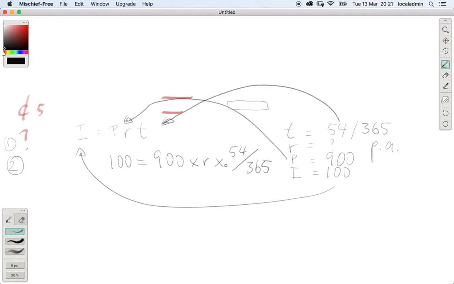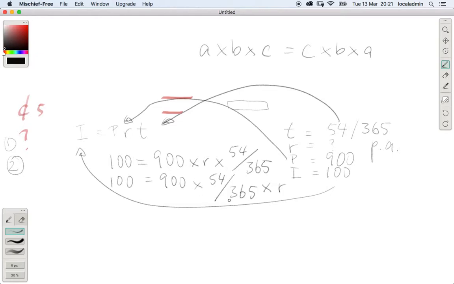Now some algebra again. So remember that A times B times C happens to be the same as C times B times A. So we can change that any way we want. So let's just change that as I just did there, which is the same as 900 times 54 over 365 times our rate.